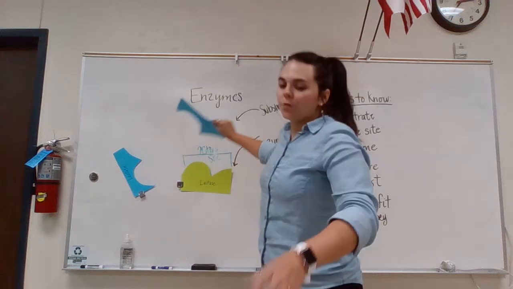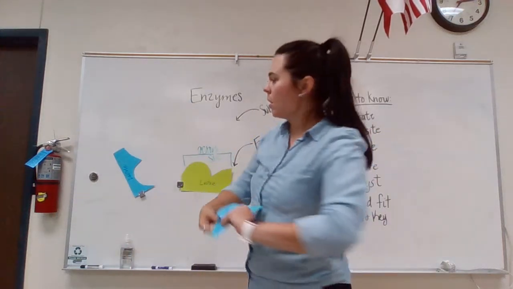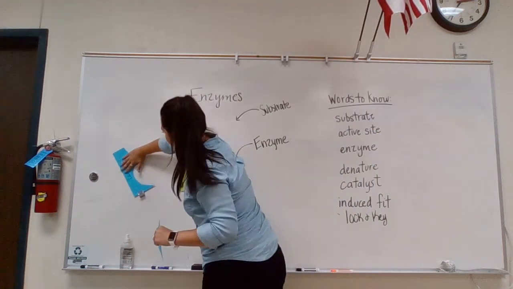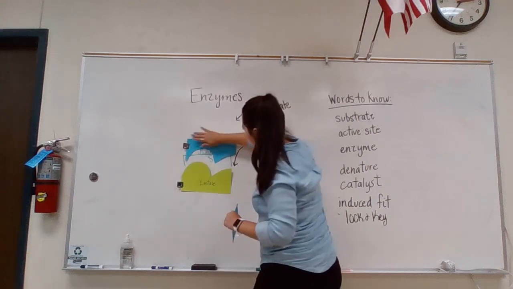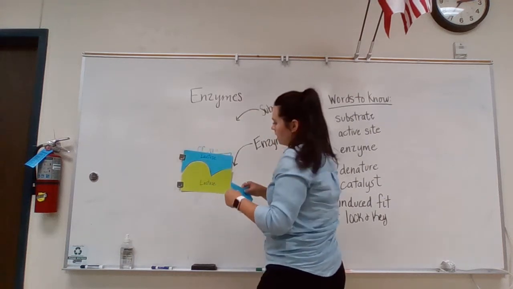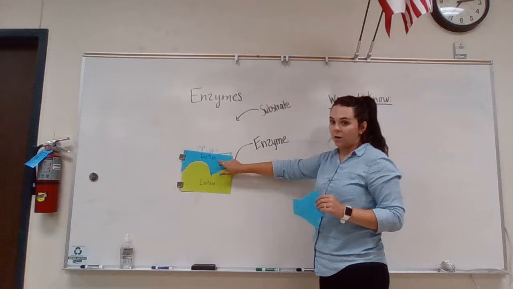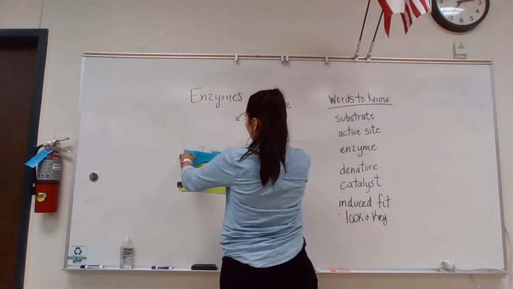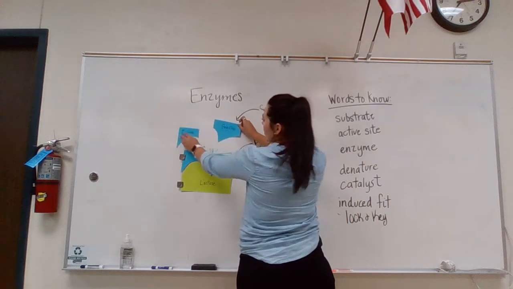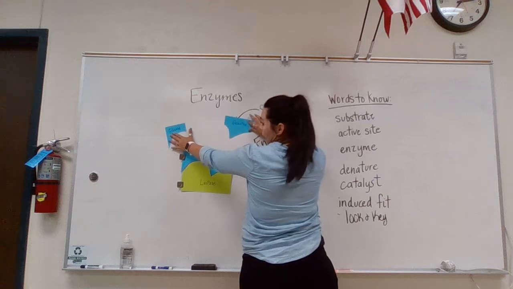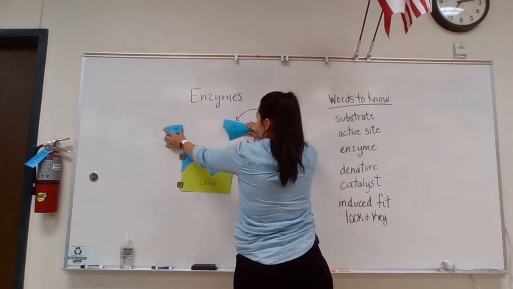So once our enzyme has bound to our substrate, the substrate gets broken down. Our lactose molecule gets broken down into our products, which are glucose and galactose.